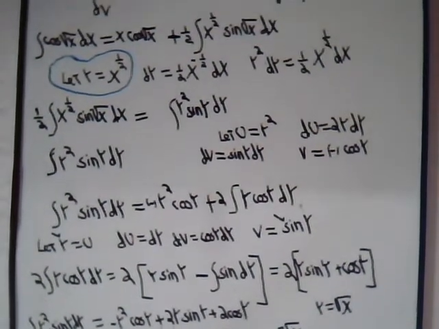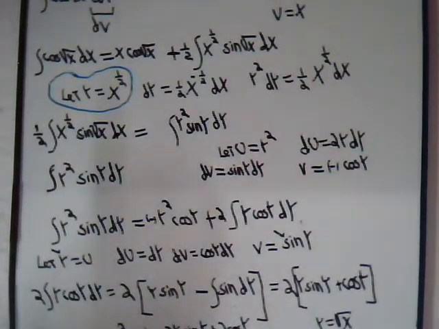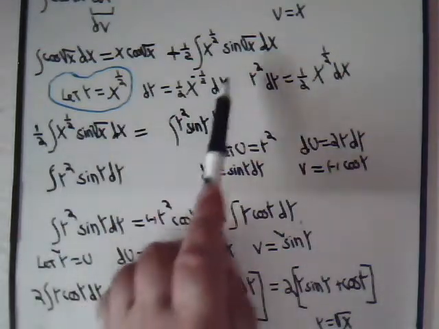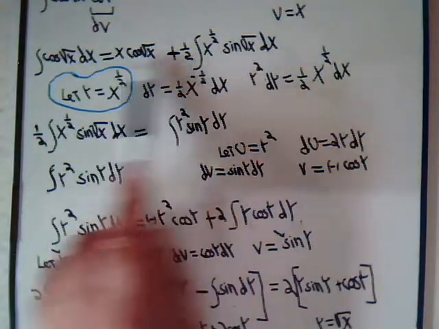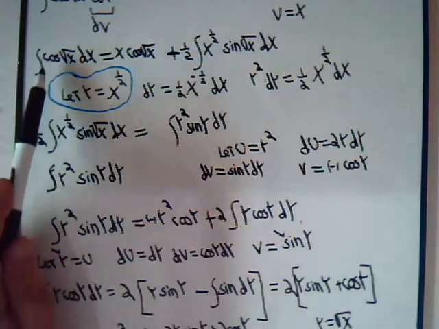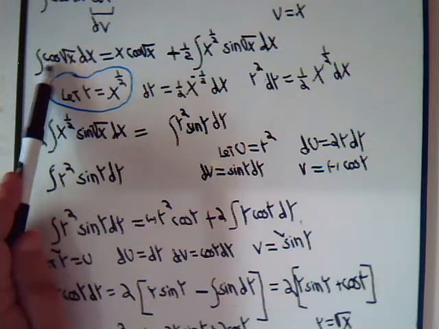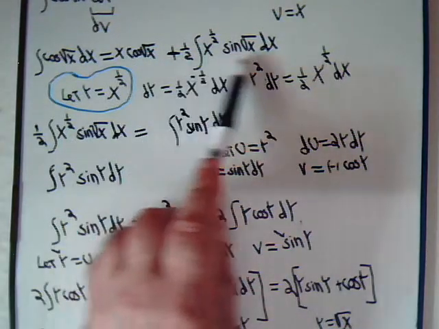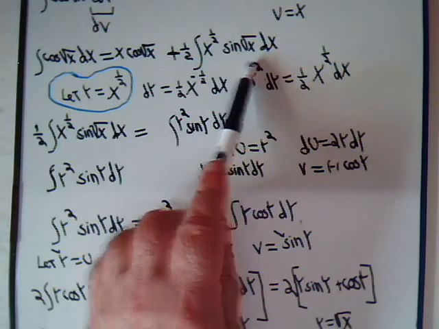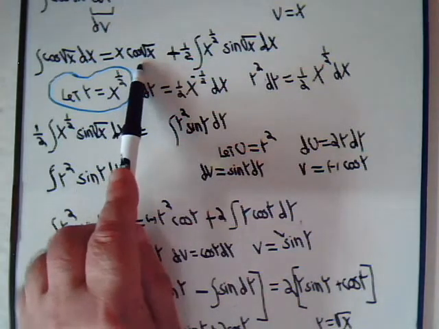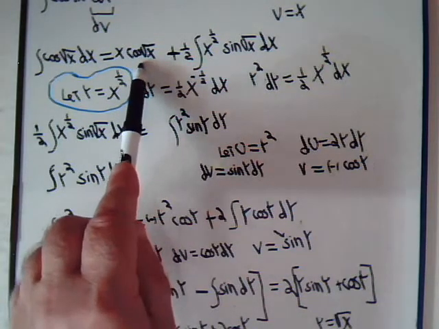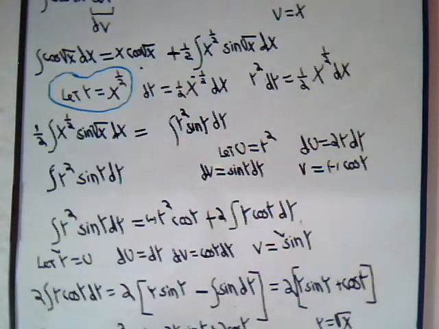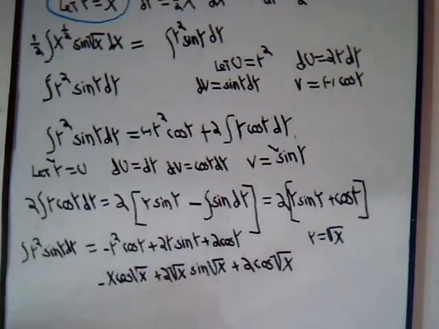Now we go back. This integral right here goes from when we took this step here. So finally we have this integral here equals this plus this integral, or that would be this term here, x times the cosine of x, plus all of these terms right here.